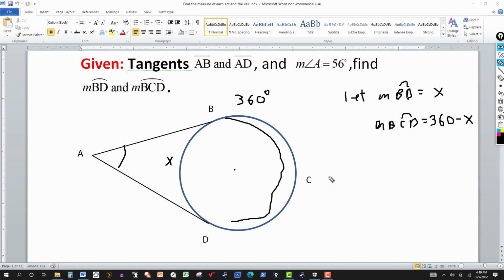So now we just use the formula. So it's the angle, in this case angle A, or BAD, which is 56 degrees, should equal 1/2.